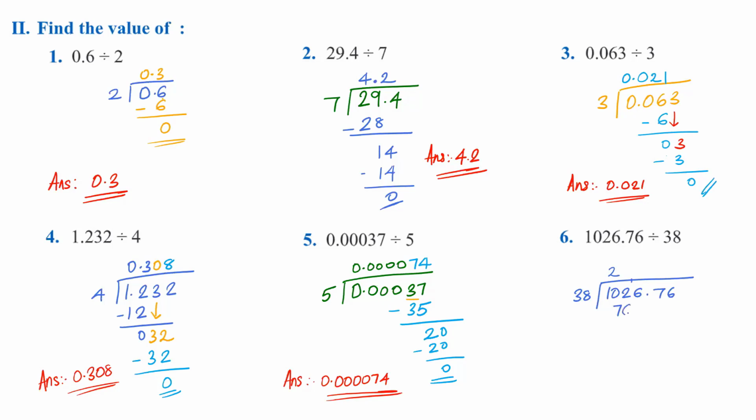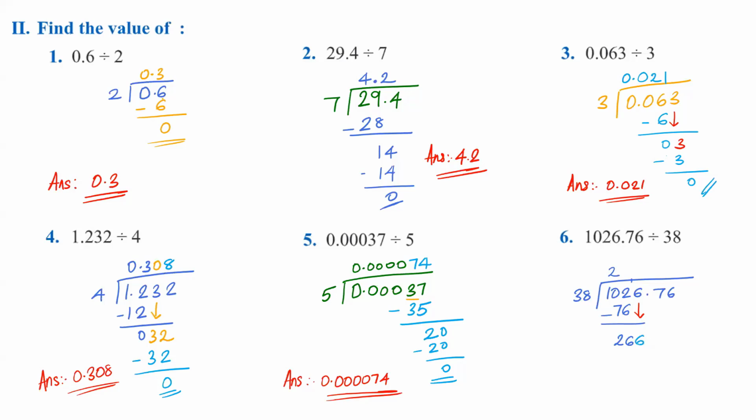It's 76. Now 102 minus 76, how much will you get? You will get 26. Now, which number will carry down? 6 will carry down.